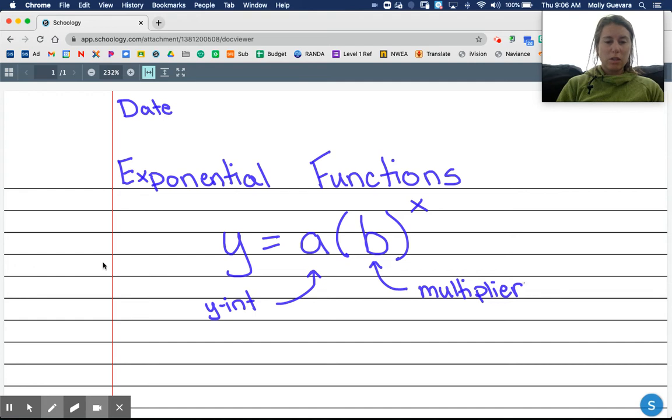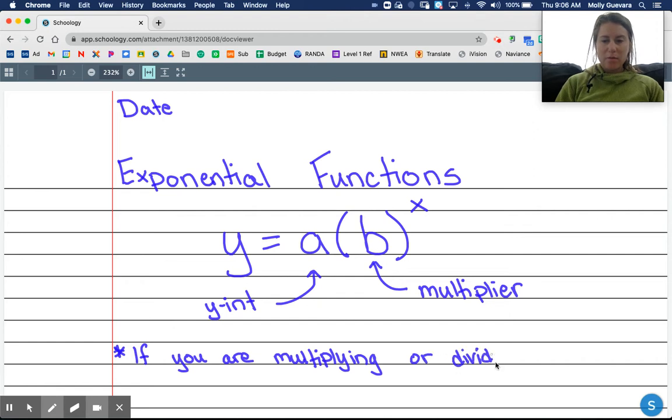So really what we're looking at in an exponential function is if you are multiplying, and we'll say or dividing, and we'll talk about that later on, by the same number every time.